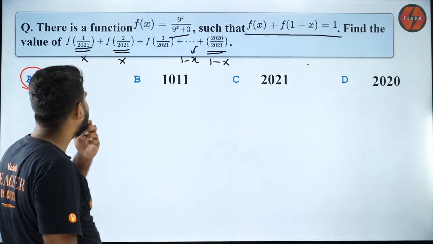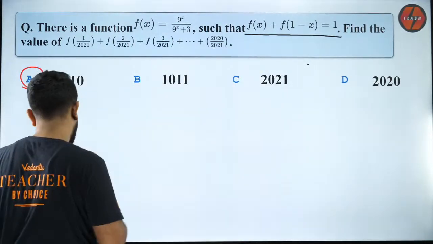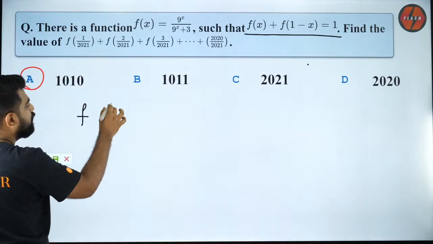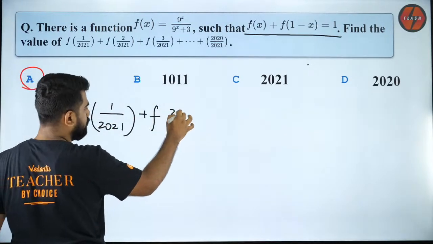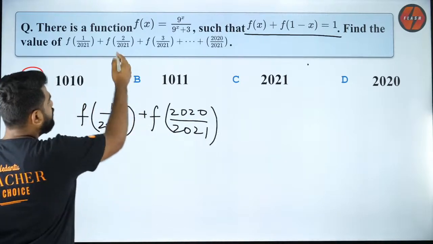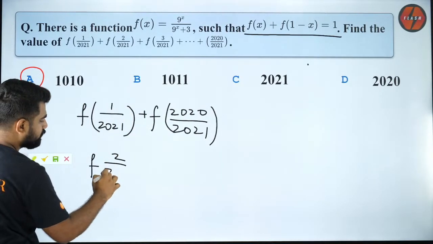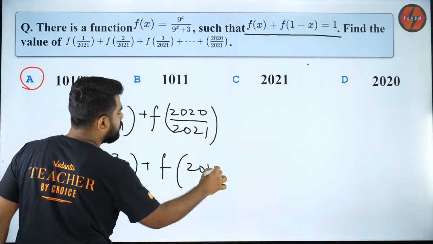Don't you all agree? So if I write it in a paired form, f of 1 by 2021 plus f of, then f of 2 I'll combine with f of 2019 by 2021.